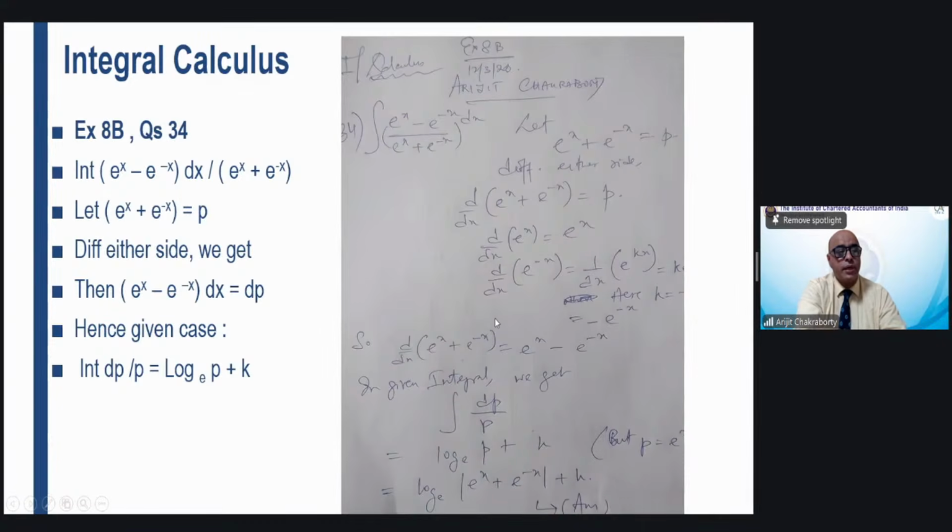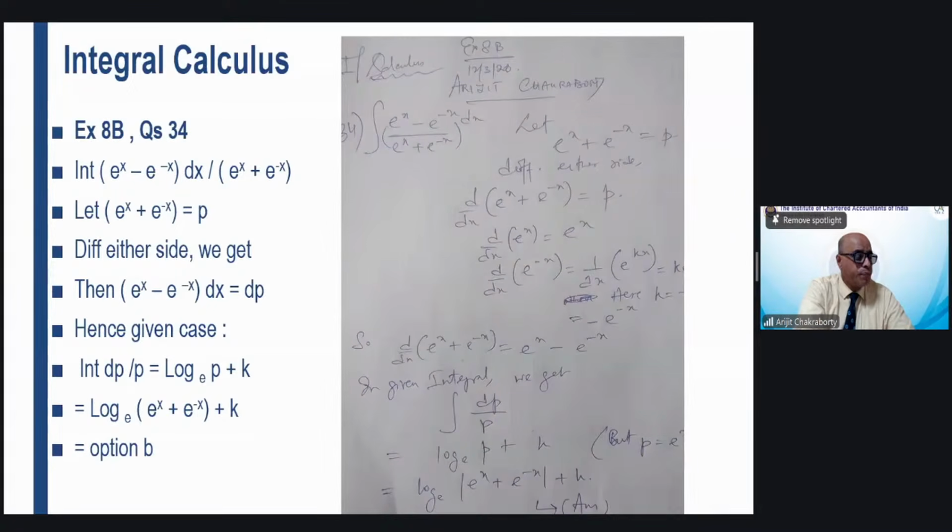So please see once again the right hand side of your screen, and therefore looking at the option given in the question, the option B is the most appropriate answer. It is log e to the power x plus e to the power minus x to the base e plus k, where k is the constant of integration.